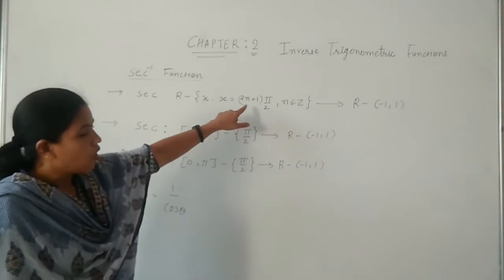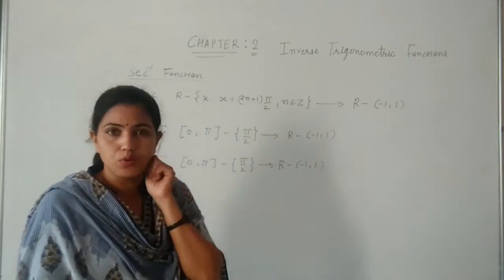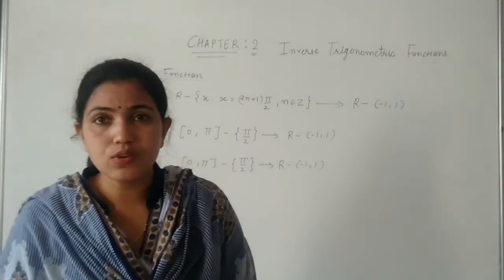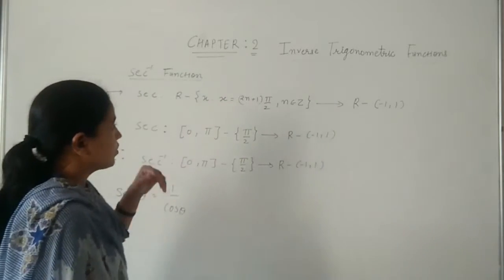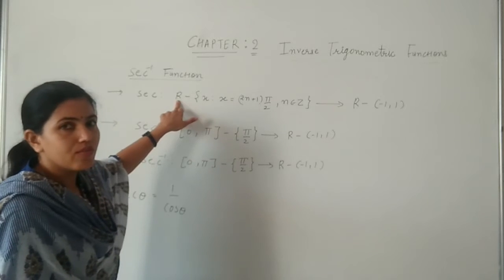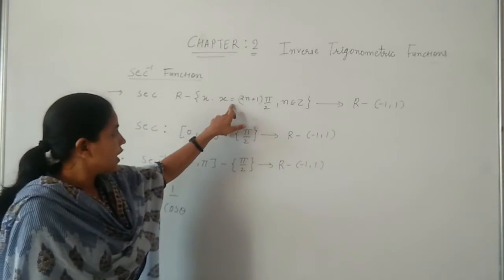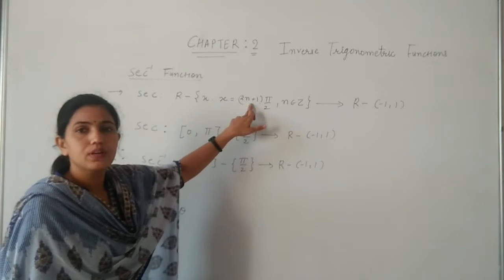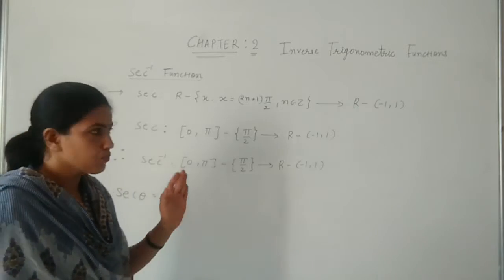Because at the odd multiples of π/2, cos takes the value 0, like cos 90°, 0, then cos 3π/2, 0. All these values are 0. That's why its domain we can define as R minus all those x, where x is equal to (2n+1)π/2, where n belongs to Z.